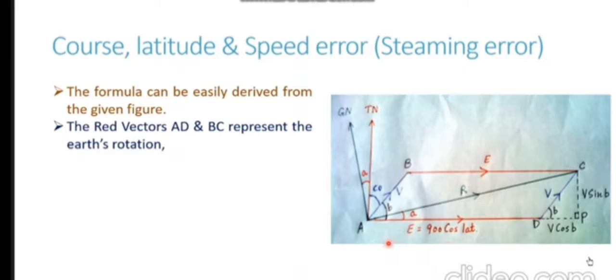This diagram is very helpful in understanding the derivation of the course latitude speed error. It looks a bit complicated in the beginning, but once you understand each and every part of this diagram, it will be very simple to derive this formula for the CLSE. So let's try to understand the diagram.